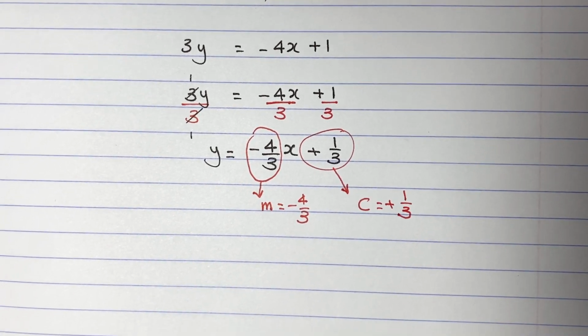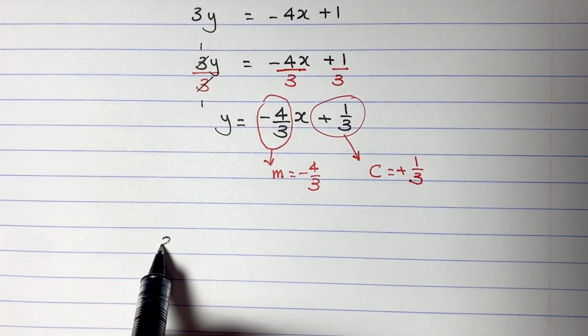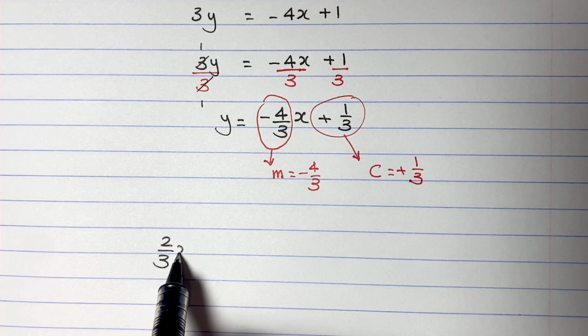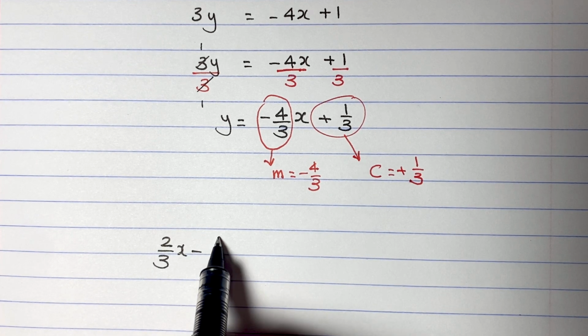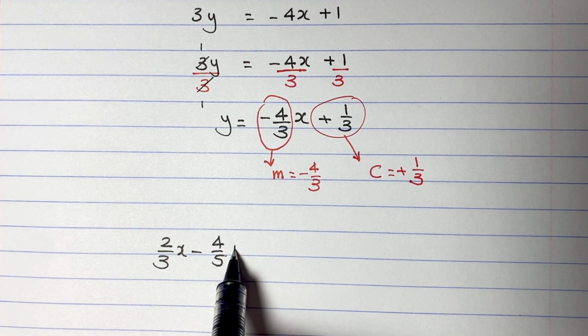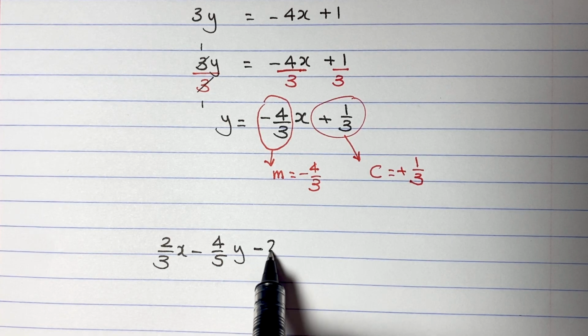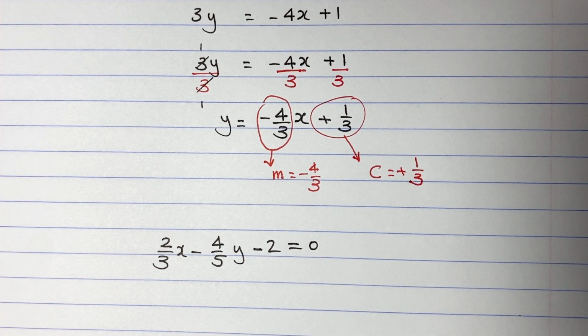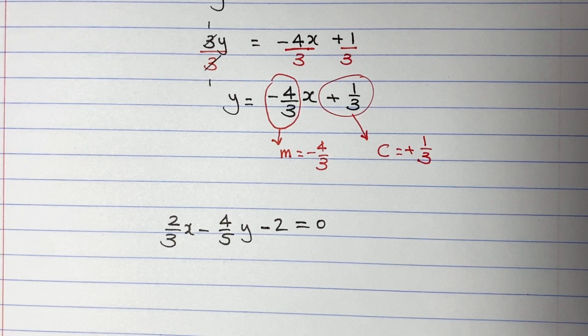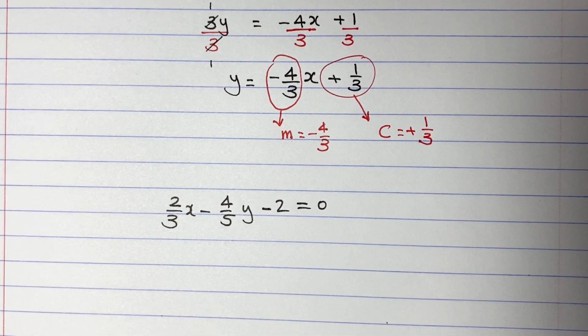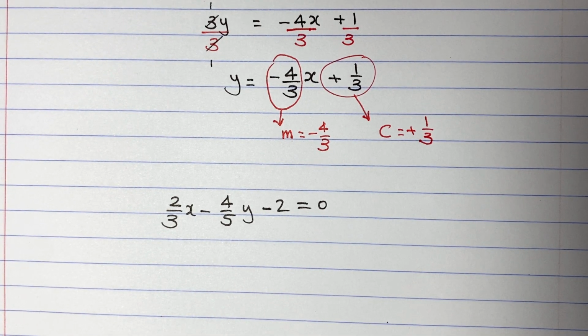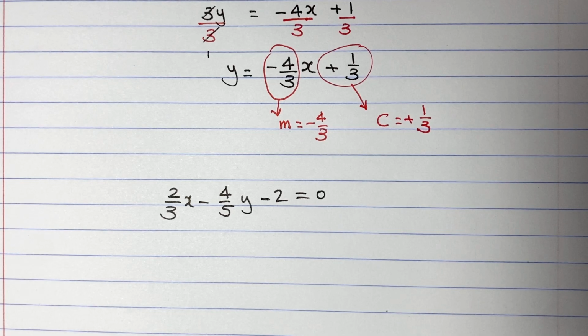One more example. Say we have 2/3 of x minus 4/5 of y minus 2 equals 0. So I've tried to give you quite an awkward equation to obtain the m and c of this equation of a straight line.